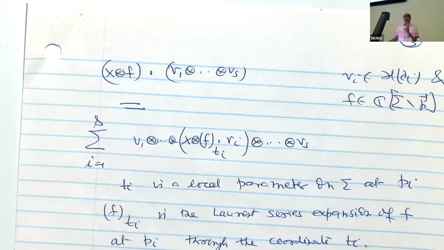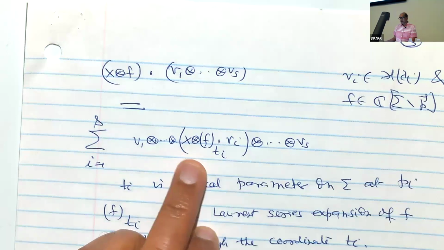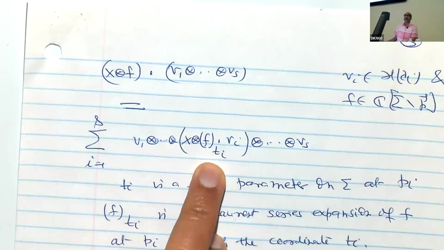You take the particular point Pi and take the Laurent series expansion of the function at Pi. So you need to choose some parameter Ti, a local parameter at the point Pi, and take the Laurent series expansion of that. That's the notation X tensor F Ti.